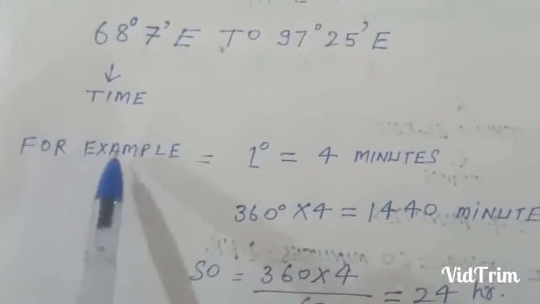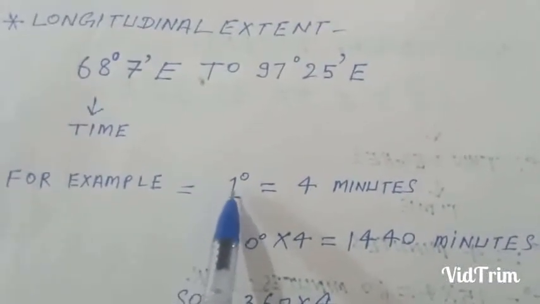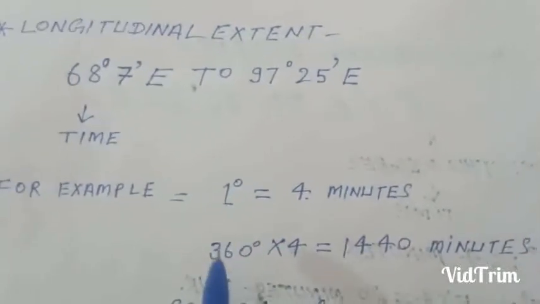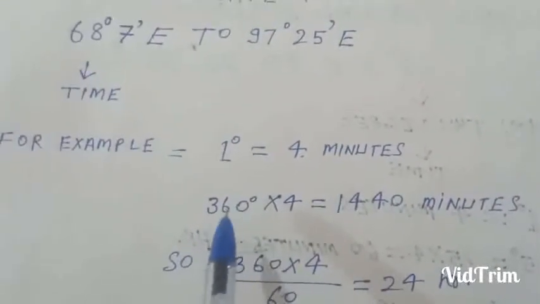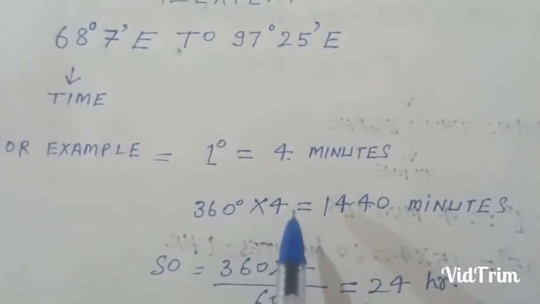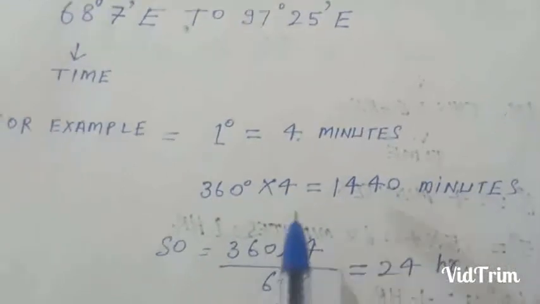See, for example, suppose our earth moves 1 degree, it will take 4 minutes. In this way, you know a circle has 360 degrees, so 360 degrees into 4 will become 1440 minutes.